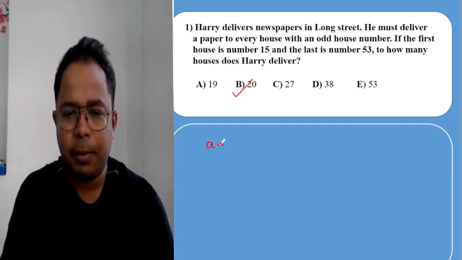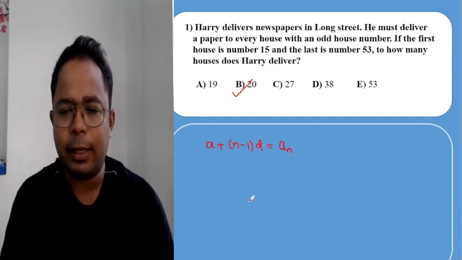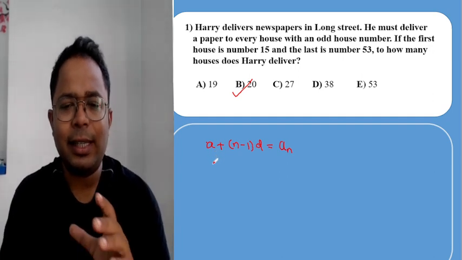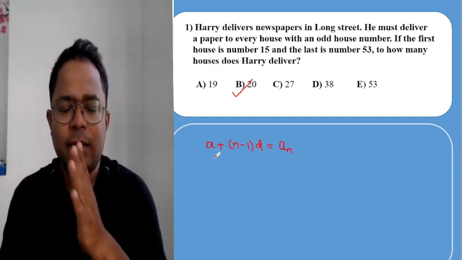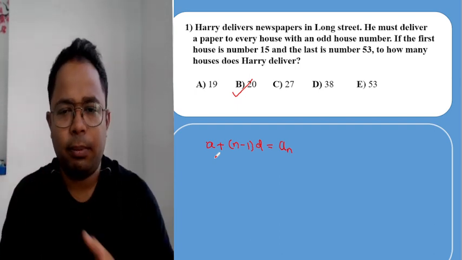a plus n minus 1 d is equal to an, or we can say tn, where a is the first term. An arithmetic series is a series where we get each term by adding something, and it goes on.